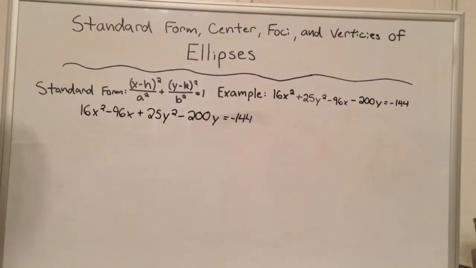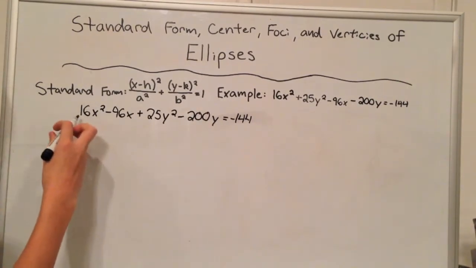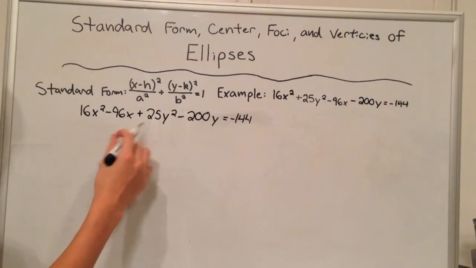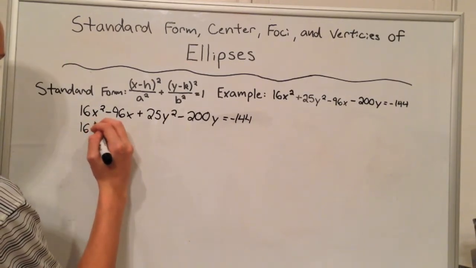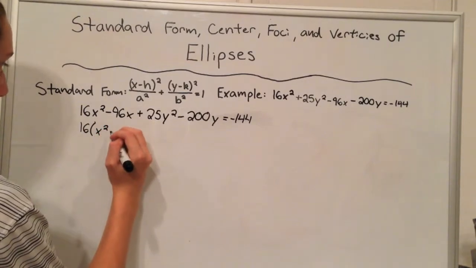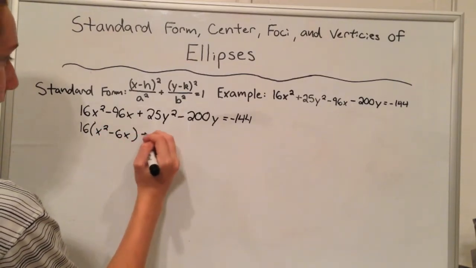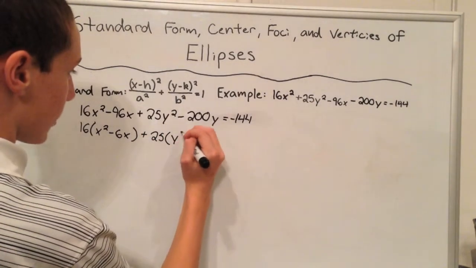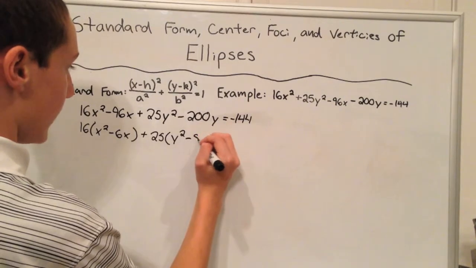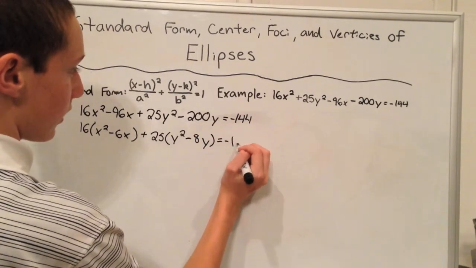Next, you'll have to factor out the x and y coefficients. So for x, you'll factor out a 16, and for y, you'll factor out a 25. So you'll get 16 times quantity x squared minus 6x and 25 times quantity y squared minus 8y equals negative 144.